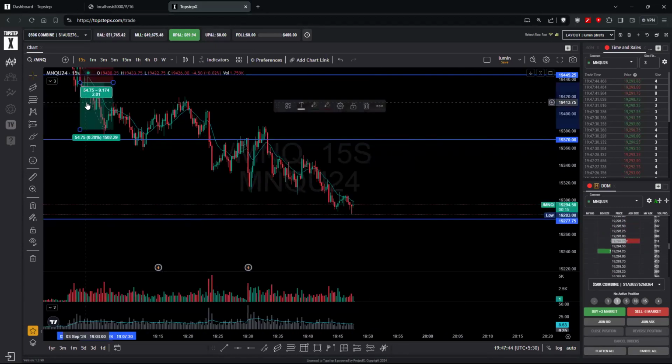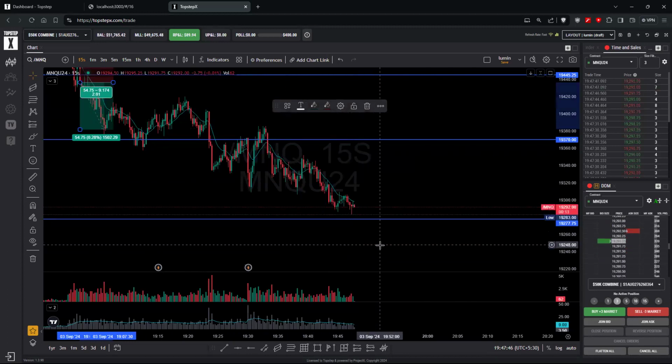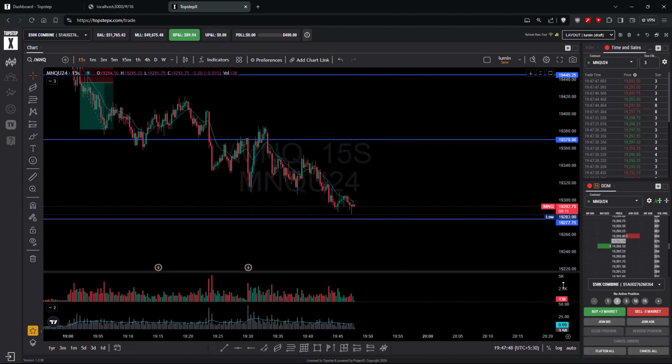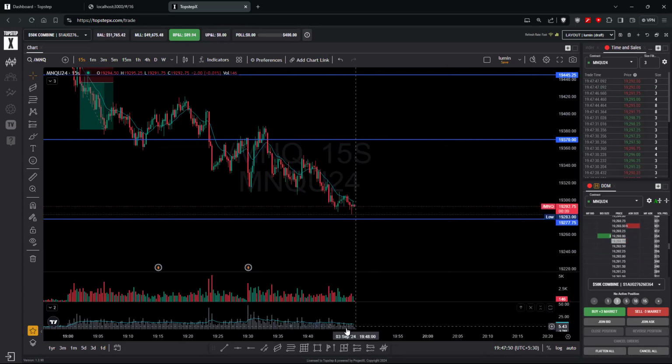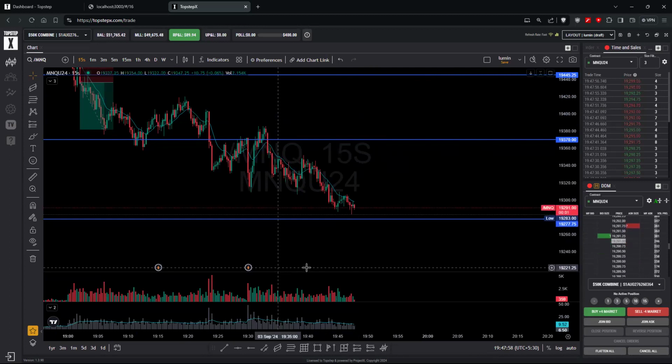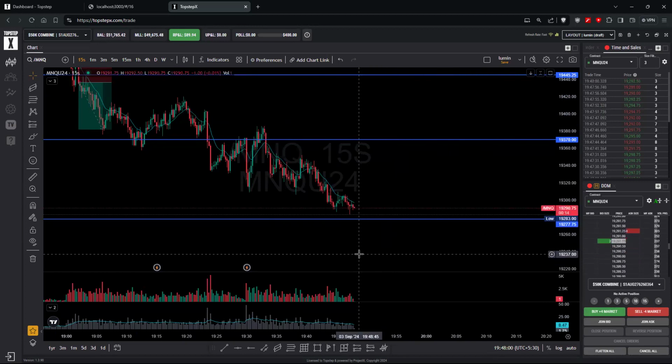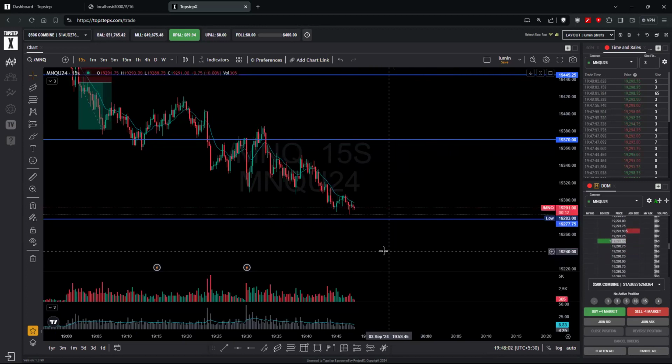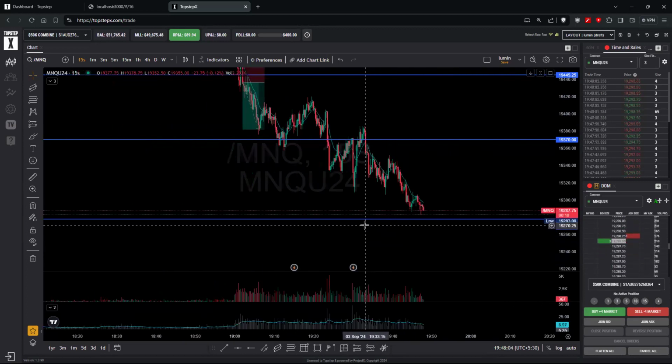So let's see. Now we can get in another opportunity. I will enter with my usual size here, with four micros. If we get a strong rejection from here, let's see.